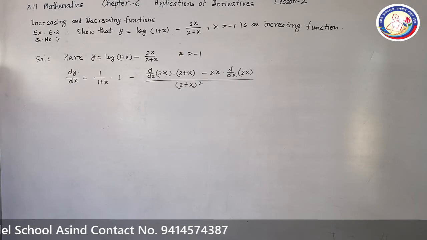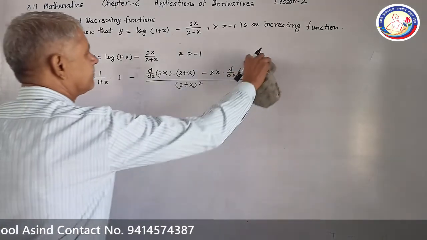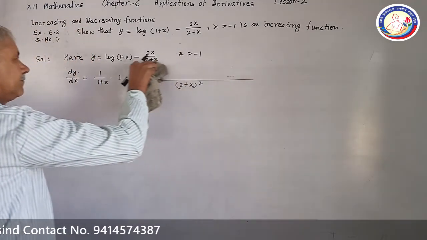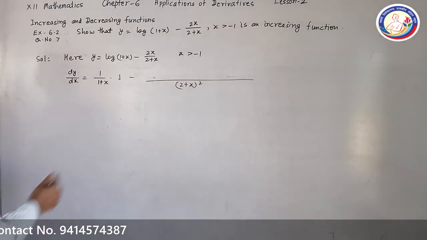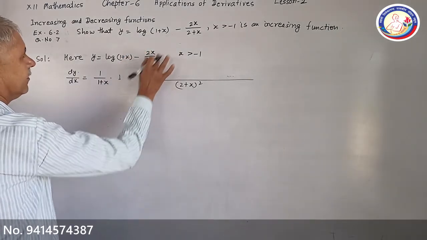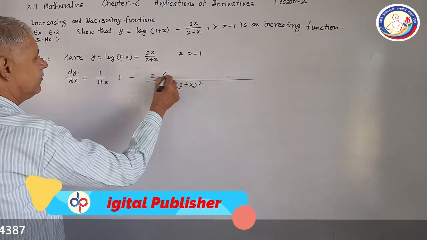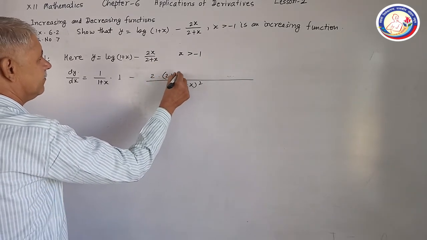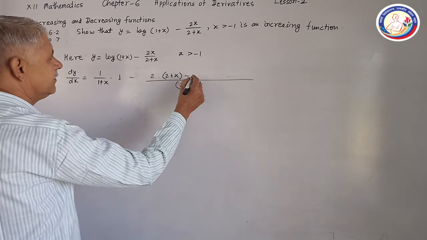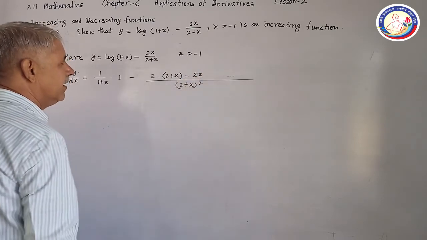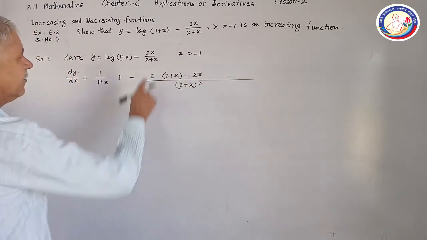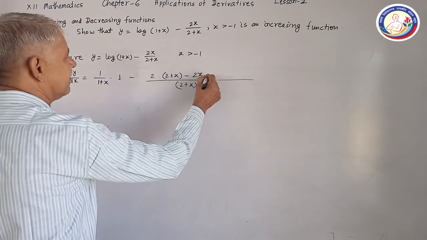This will give us, I am writing directly, keep the second as it is. So the derivative of 2x is 2 into (2 + x) minus, keep the first as it is, 2x as it is, and then the derivative of 2 + x is 1.